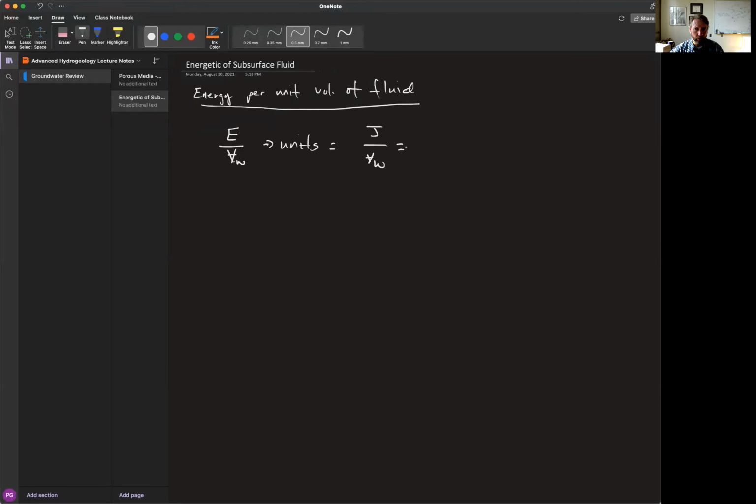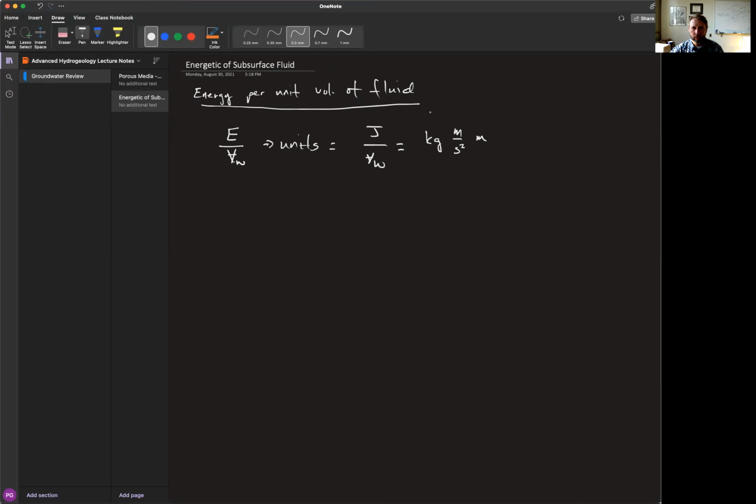And joules we can further break down into, I'm going to break it down and I'll describe each of these quotients here. So kilograms mass per second squared, meters per second squared times meters, right?